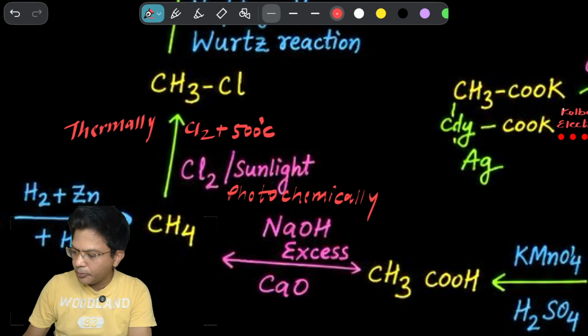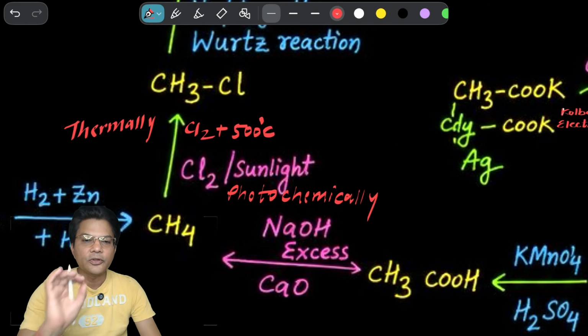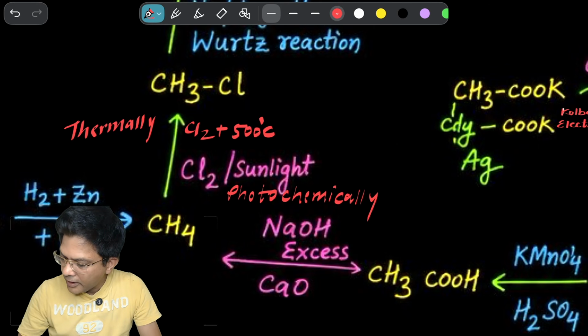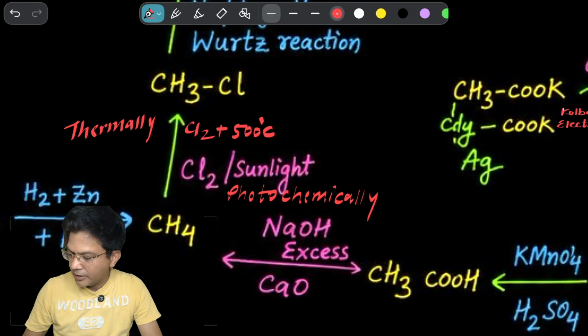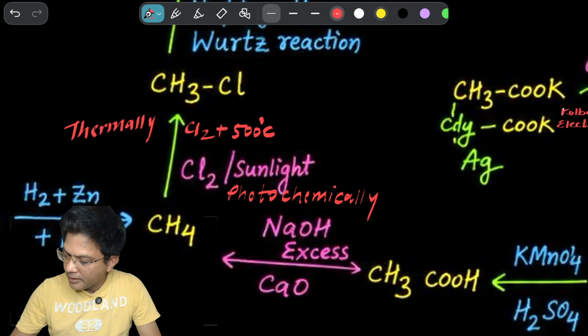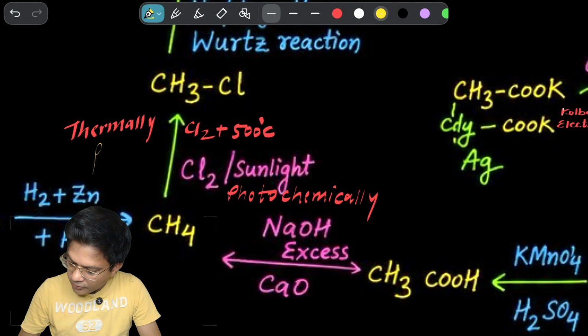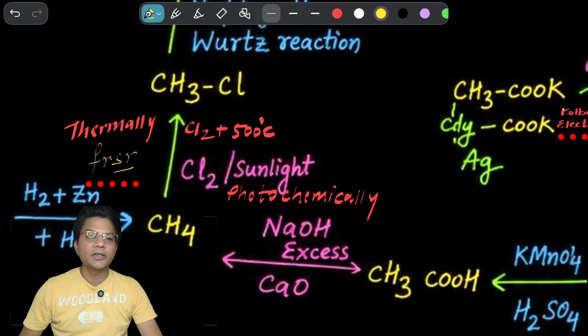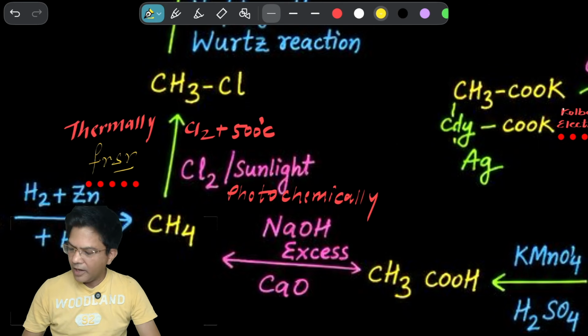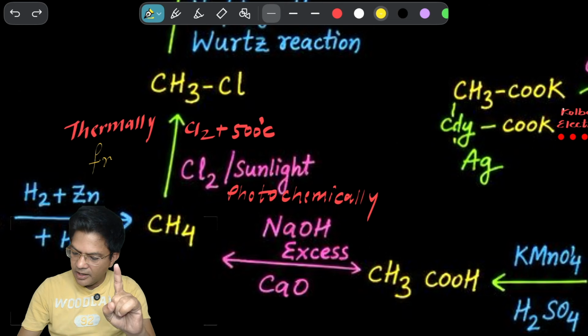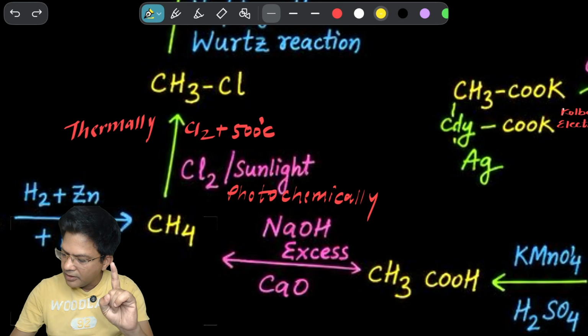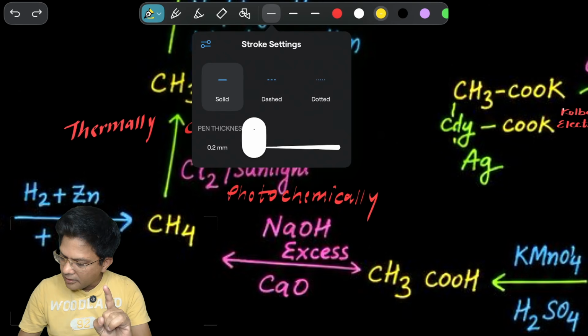So, is this point clear to all of you? This is known as free radical substitution reaction. You have to keep it in your brain. Such type of reaction is known as free radical substitution reaction, FRSR. Everyone say along with me, FRSR.